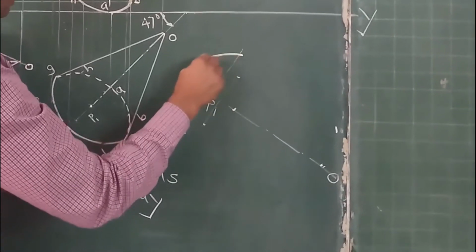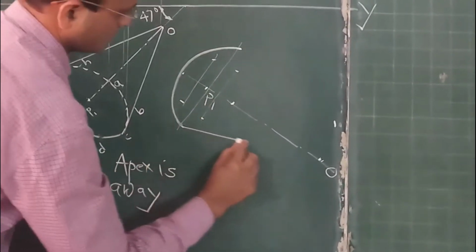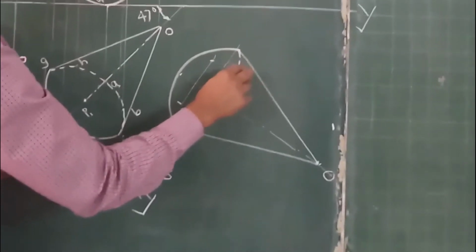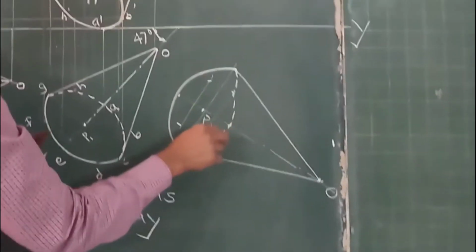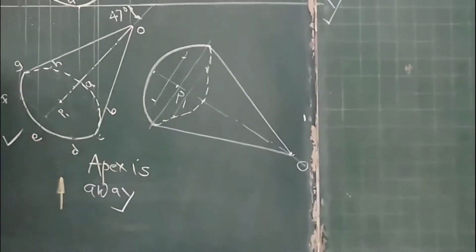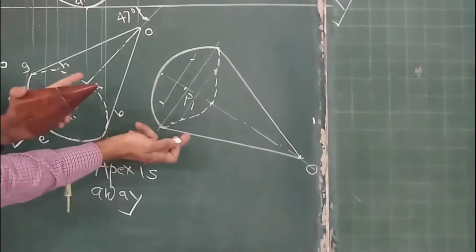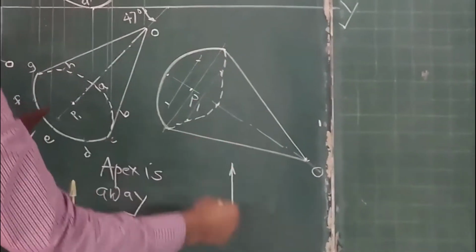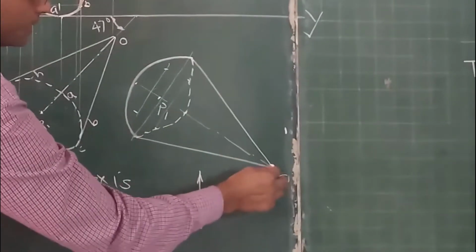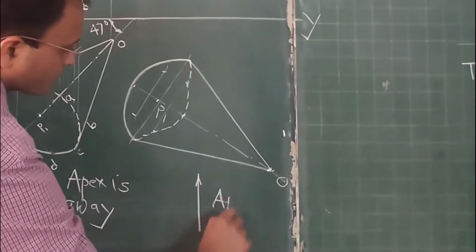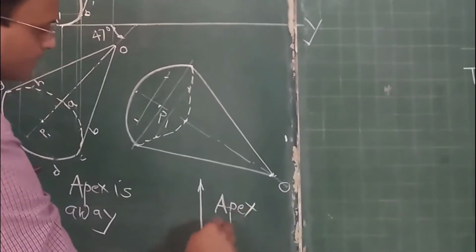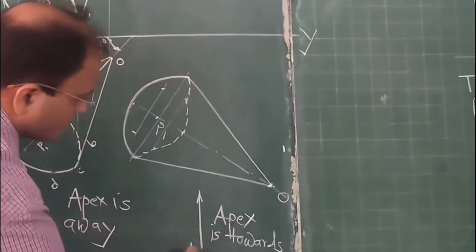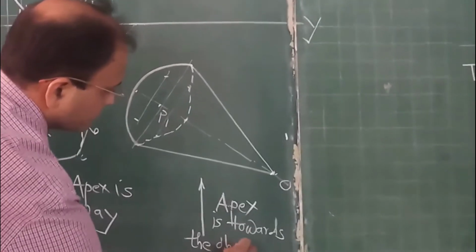This is the same top view, now reproduced the other way. Now when we try to obtain the final front view, the observer will look from this side, and we find here that the apex is towards the observer. So if we draw it like this, the apex is towards the observer.